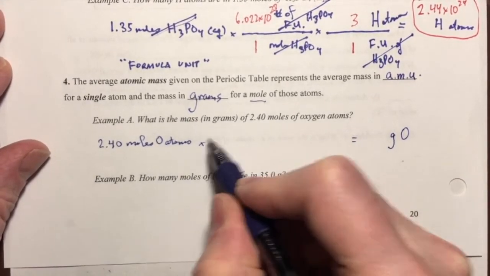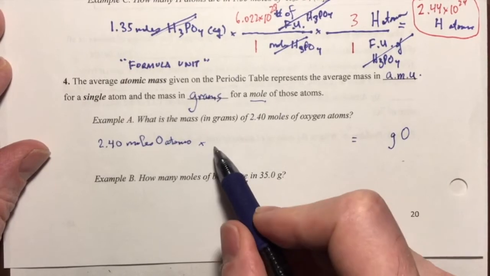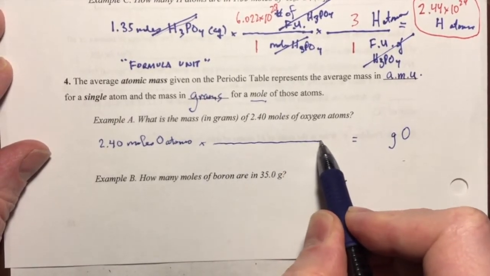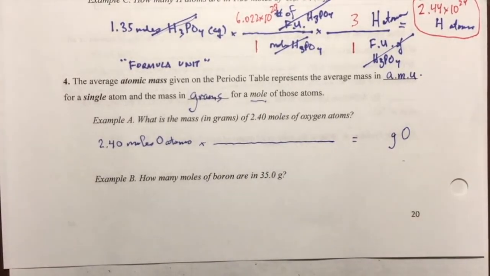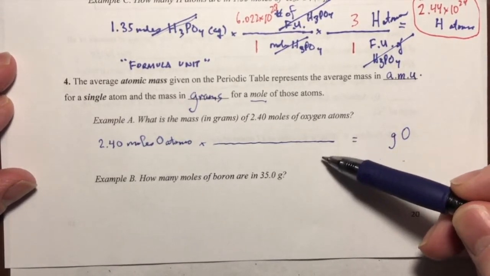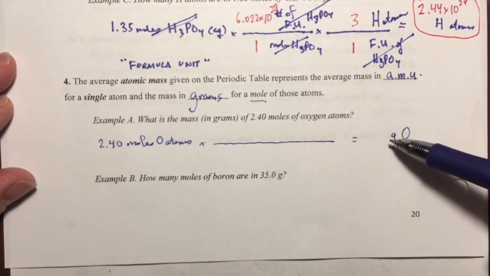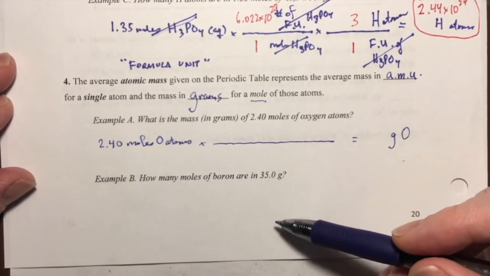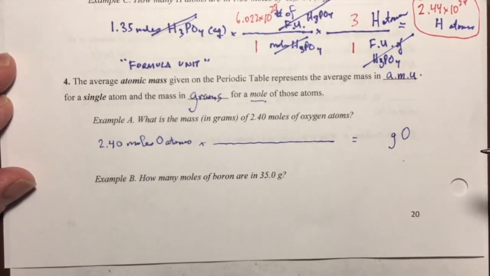Okay? So with that in mind, I'm going to let you know that it is a single conversion step. Hopefully, again, this is a review for you. I would like for you to pause the video and complete this problem and get the correct answer with the correct sig figs, and then also go on to example B.